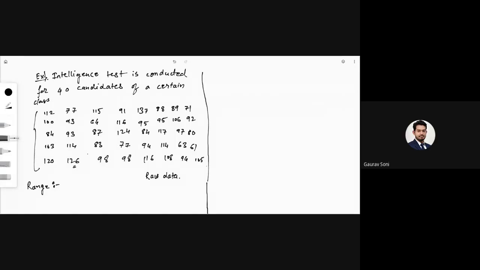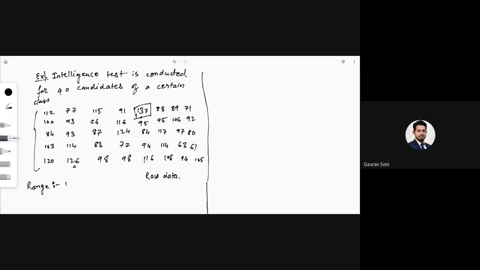137. Where do I find 137? Yes, this is the 137. So this is the highest, and the lowest one is 61, in the fourth row, last value. Yes, exactly.